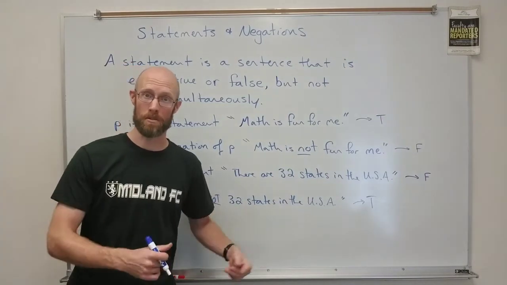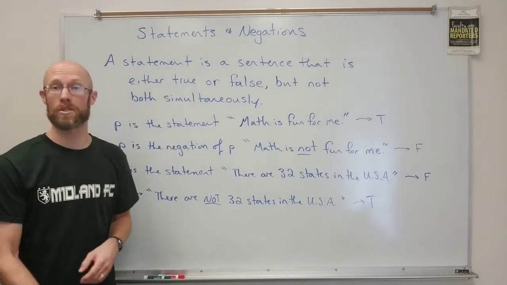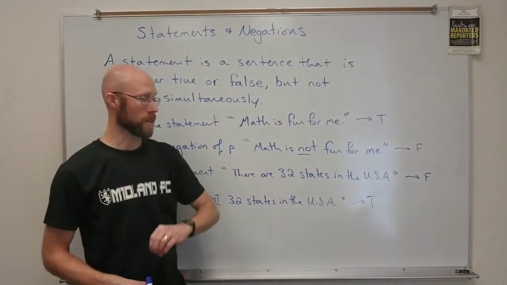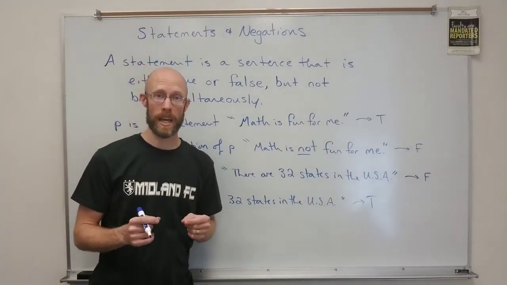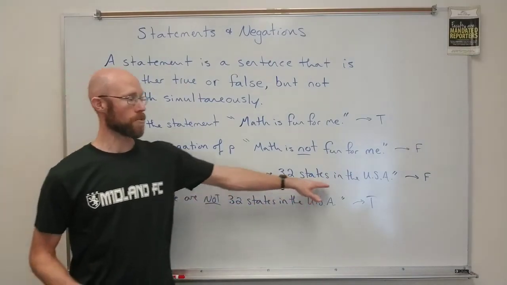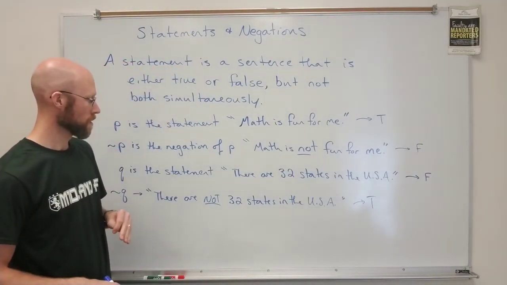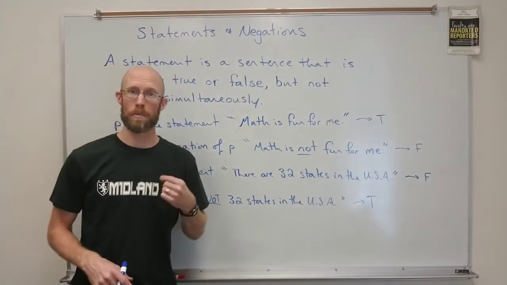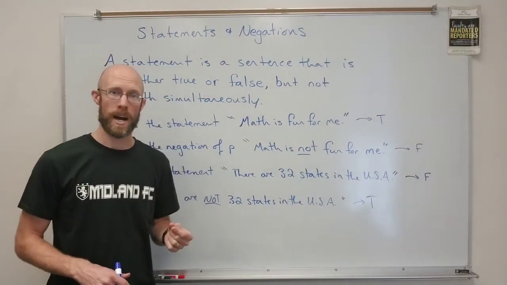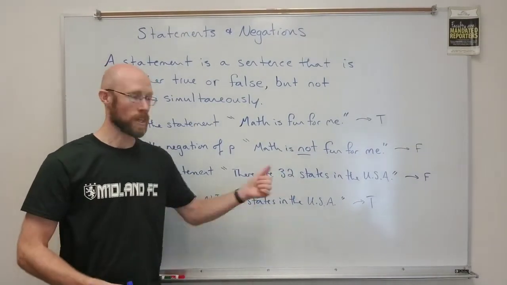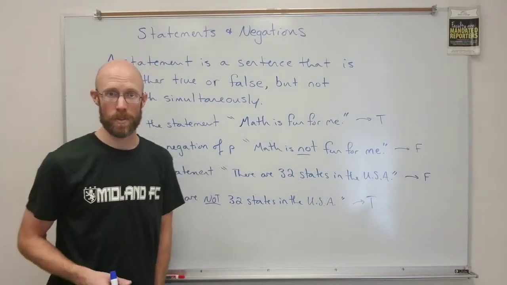Anything other than 32 is the negation, or I should say something other than 32. So there are not 32 states in the USA is the negation of there are 32 states in the USA. Okay, so giving a particular number is not the negation. Giving any number but the one given is the negation, okay?